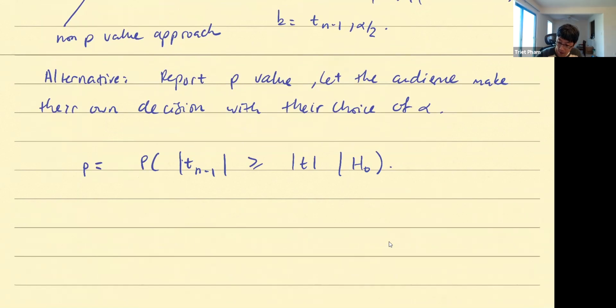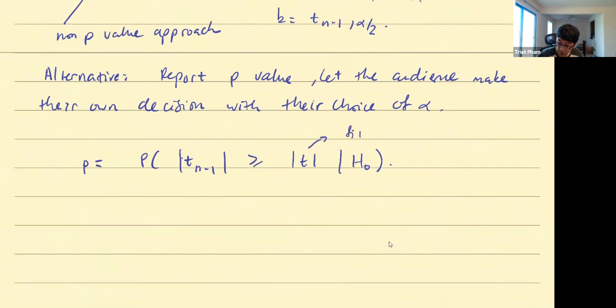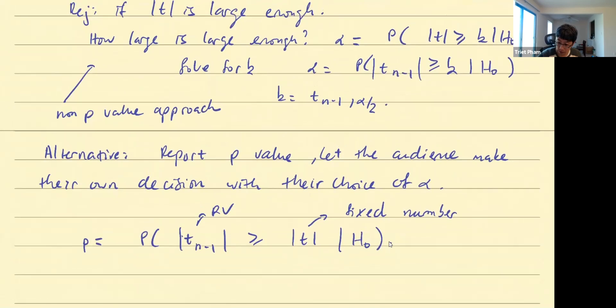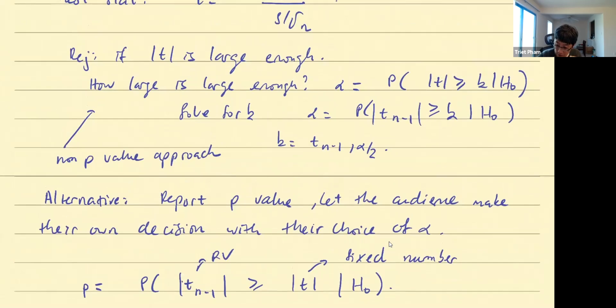Here, this is treated as a fixed number, not as a random variable. This is the random variable right here. So there's no "under the null" here, it's just this.